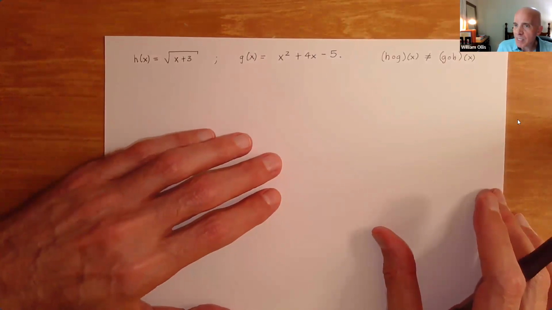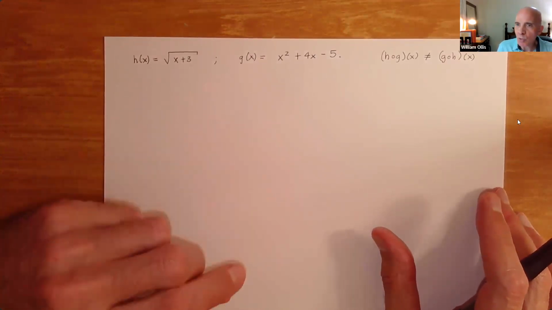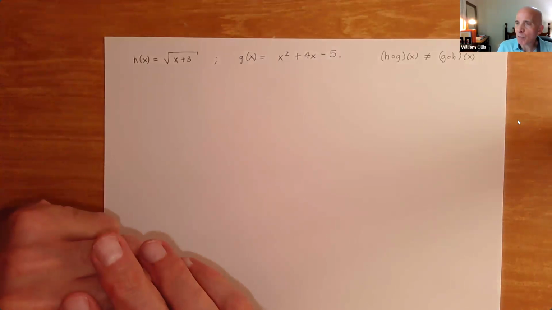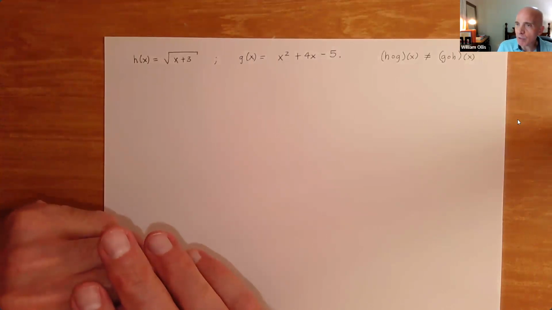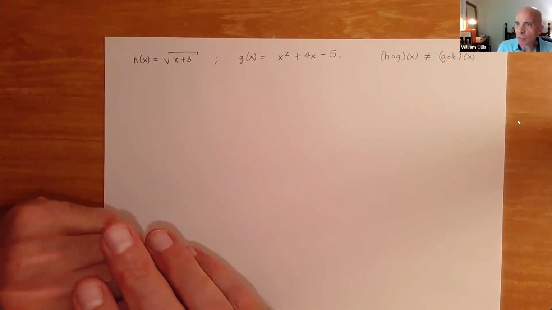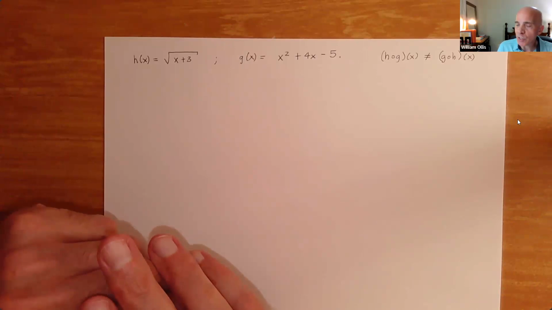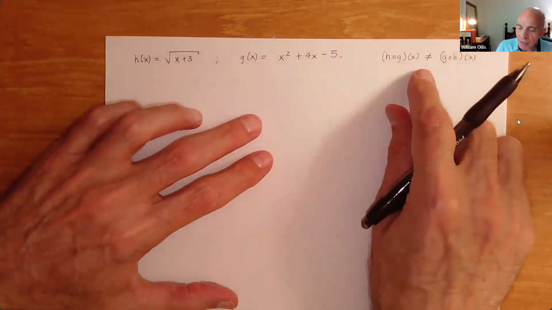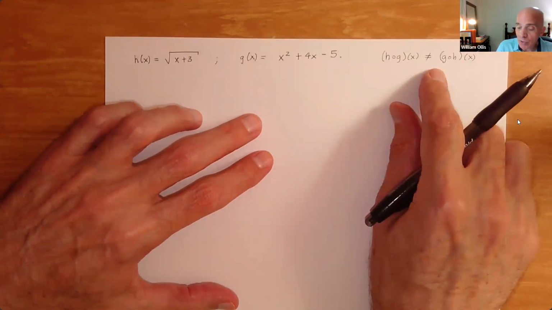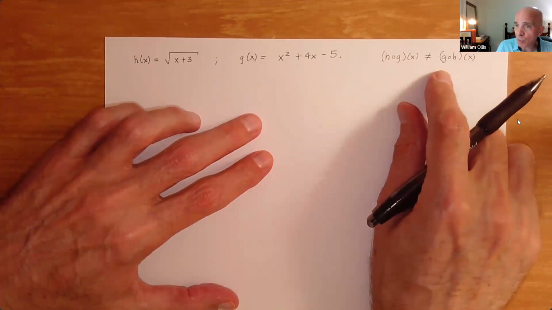But there will be a situation where this will actually be valid, and that will be in the case when we have one-to-one functions. And that's what I'll talk about in the next lecture. That'll be a very important point where we define the inverse function. So for now, in general, there would be no reason to believe that these would be equal.